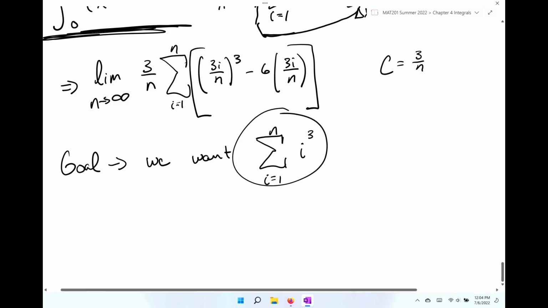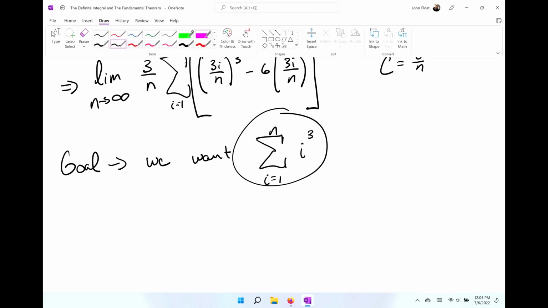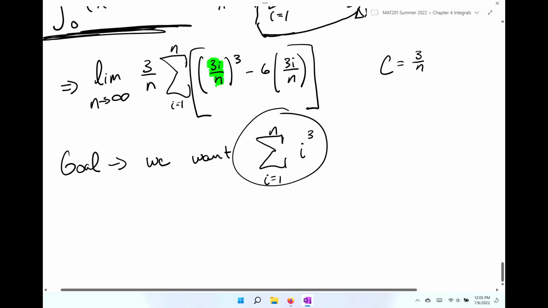Now notice within what we have above, we definitely have the i thing, but it's a little bit more complicated. For example, right here we have 3i over n, and here we have 3i over n. So we're going to use algebra to simplify this stuff down to what we know, using those formulas from above.